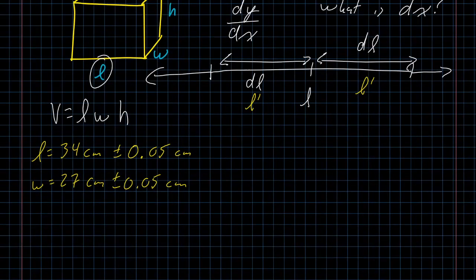And the height is 18 centimeters plus or minus 0.05 centimeters. All right. So on our ruler, on our meter stick, or whatever we've used here, the tolerance that we have, we are able to measure these things to the nearest 0.05 of a centimeter.